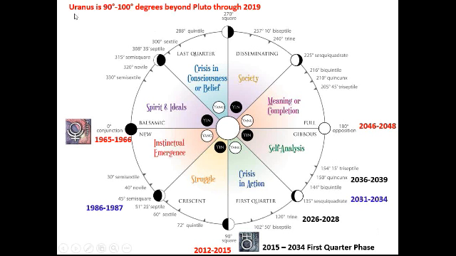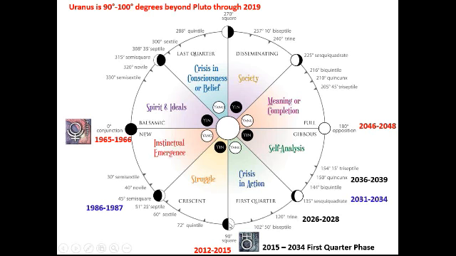But what I wanted to point out was Uranus is within that 10-degree orb right here, first quarter square. Uranus, as it goes forward and retrogrades, is within that 10-degree orb all the way through 2019. And as I've said before, 2012 to 2015, we had the 7 waxing squares. Uranus would get to 90 degrees and then go back into the crescent phase and be less than 90 degrees.